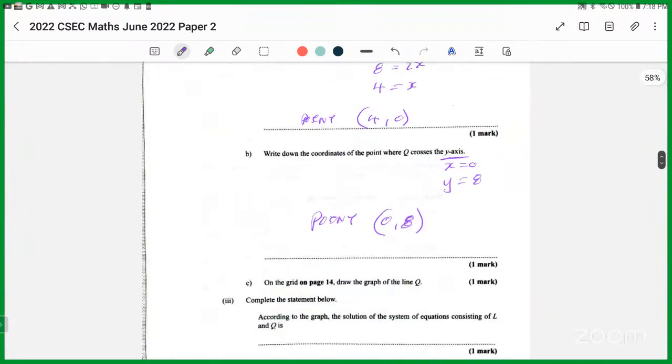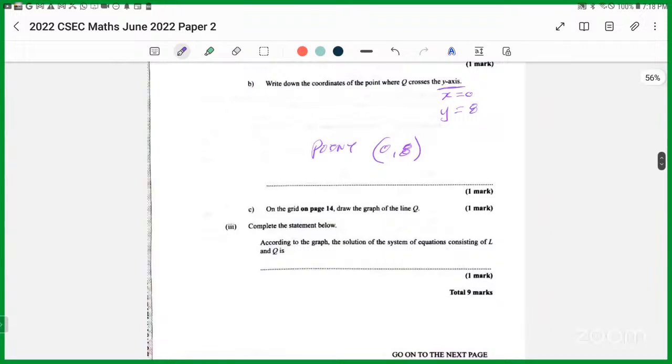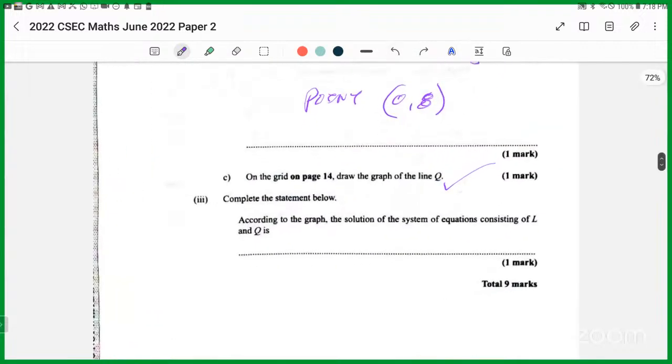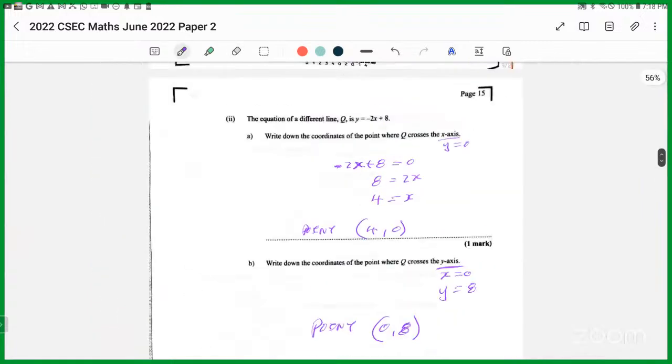So draw the line. Draw the line already. Then it says now, complete the statement below. According to the graph, the solution of the system of equations consisting of L and Q, the 2 lines, is... In other words, we look at the intercept, at the point that we just marked a while ago.